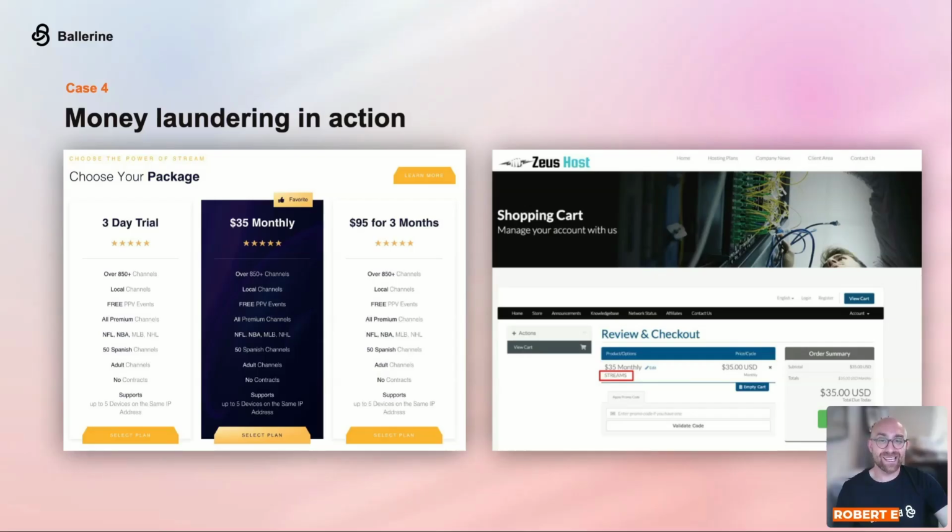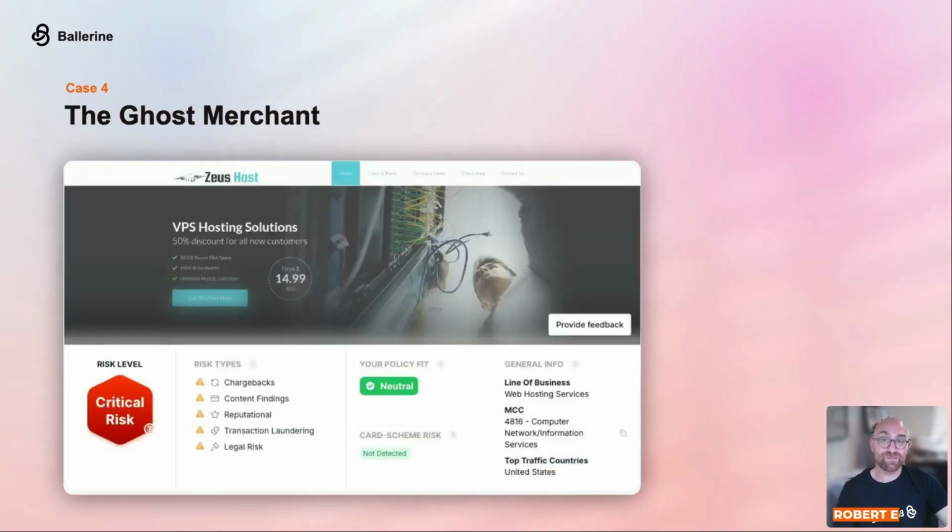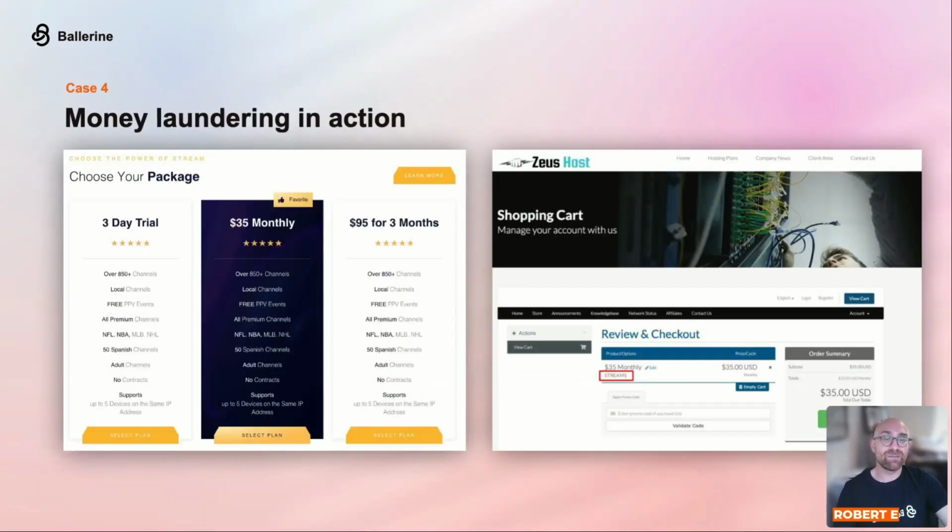And on the right, you see that this Zeus host, which was the merchant presented to do VPS hosting, is actually processing the payments in the background for this IPTV. And through the ability to track different technical parameters and look for shared infrastructure, it's able to be uncovered.